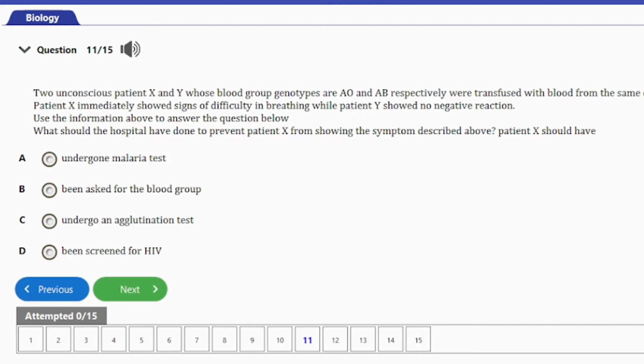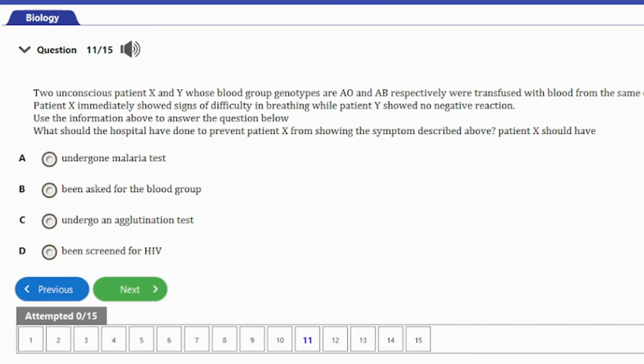So this test enables us to ascertain compatibility of the donor's blood to that of the recipient's blood. And if this test was actually done, the compatibility of the blood would have been obtained earlier on.